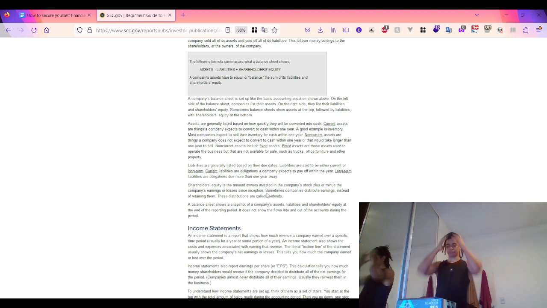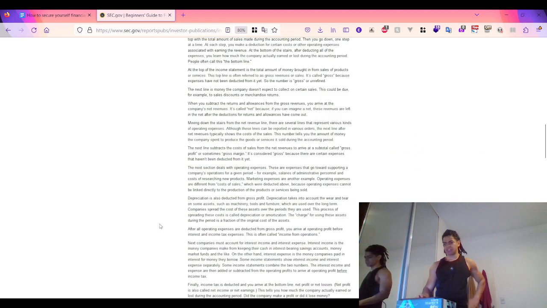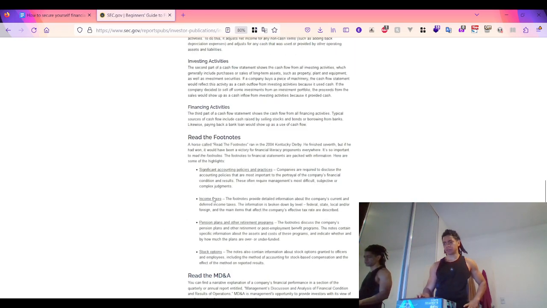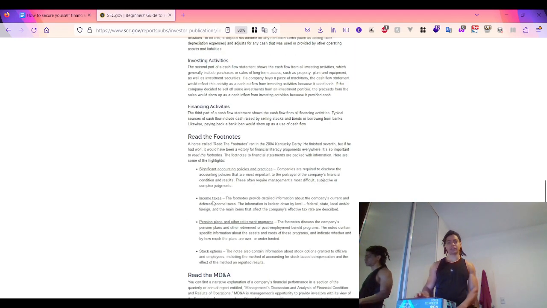And so knowing that, the next is, I think, income taxes. Here it is mentioned in a more detailed, more fine-grained way: the taxes from federal, state, local, or foreign.